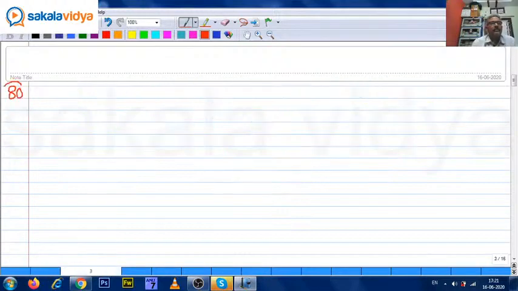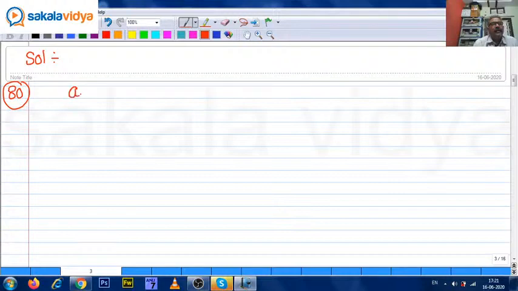Solution to problem 80. So now the sigma expansion, r equal to 0 means a naught, we won't get a naught. Sorry, r equal to 0, right. Let us write like this.